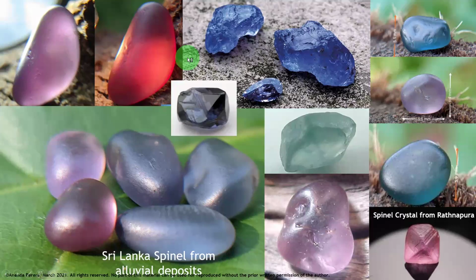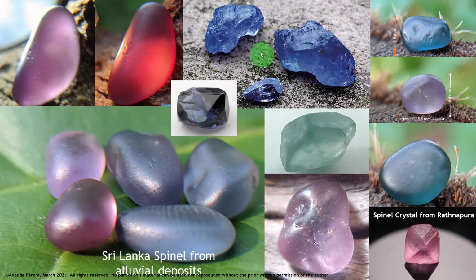Now look at here. These are the Sri Lanka spinels from alluvial deposits. All are pebble-like. We can see the transparent, dry, thin skin. Transparency is there. No inclusions.